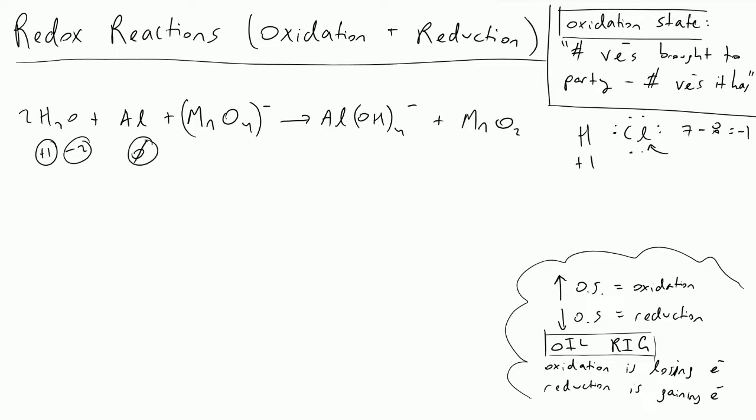And then within the permanganate ion, what we're going to find is that oxygen here is going to have an oxidation state of -2, which is very common, and the manganese atom is going to need to have, so there are 4 oxygen atoms, so you're going to have -8 coming from here, and therefore the overall charge of the molecule is -1.